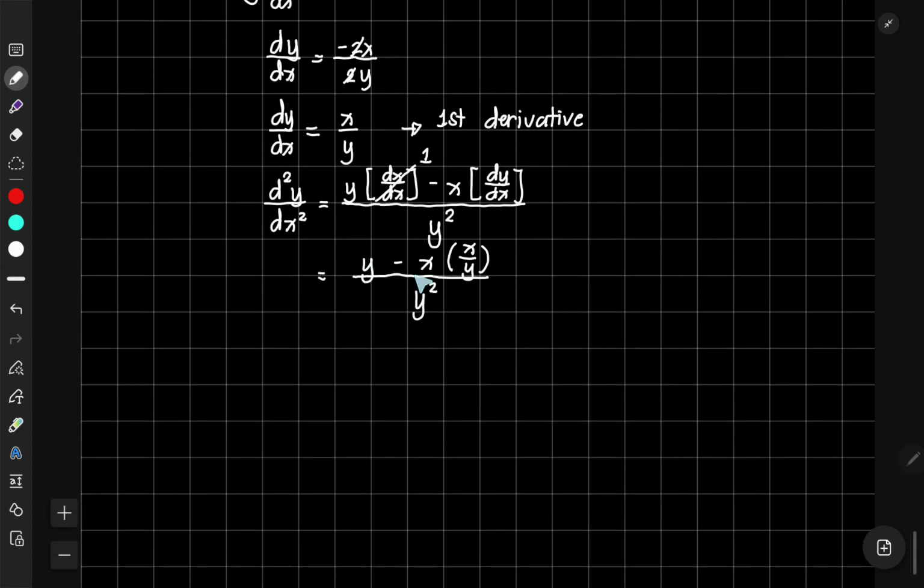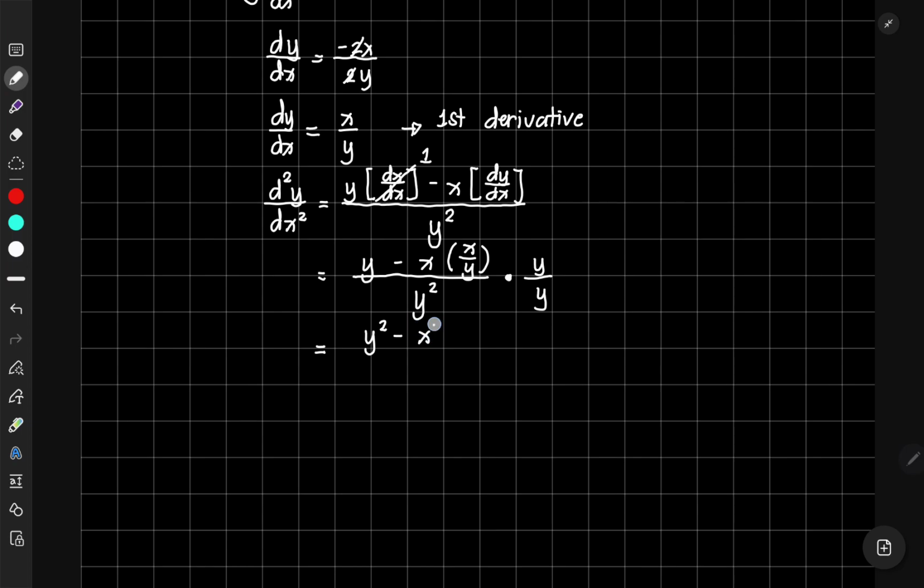So, simplify lang natin yung numerator. So, we have multiply the numerator and the denominator by y kasi yun yung least common denominator natin dito sa numerator na part. So, multiply lang natin ng y all over y. So, y multiplied by y would be y squared. So, minus, we have x times x is x squared. So, we have x squared over y multiplied by y. So, magkakancel lang yung y natin.